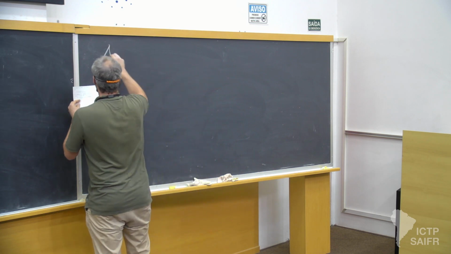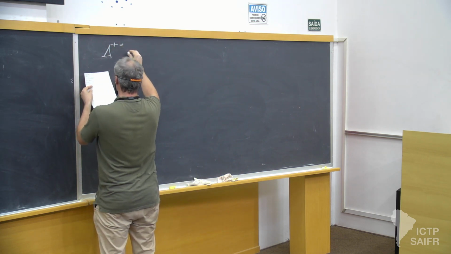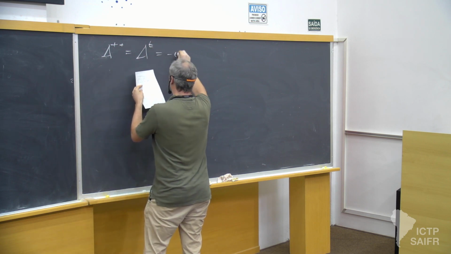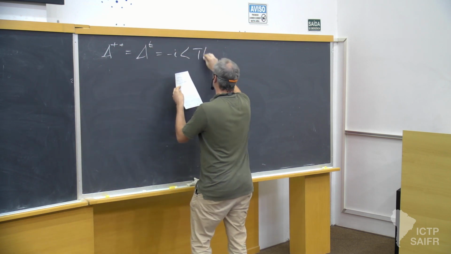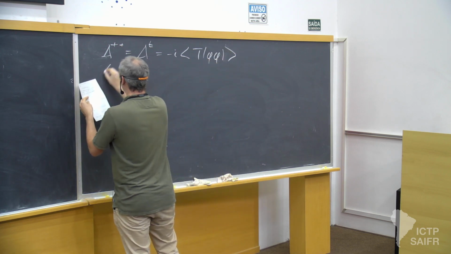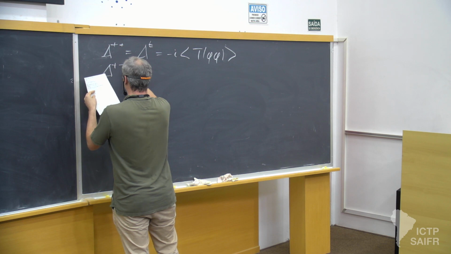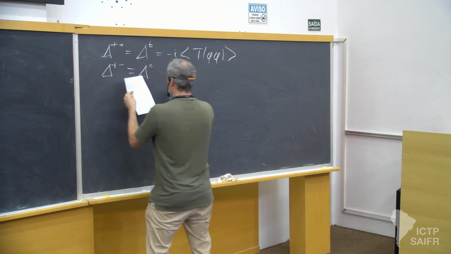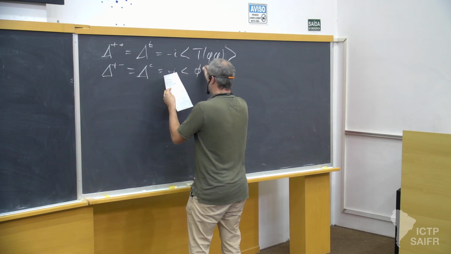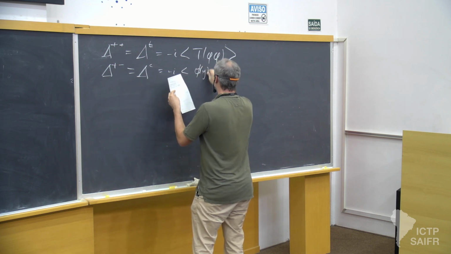So to be explicit, the plus plus one, which is our time-ordered one, will be minus i times the time-ordered product of phi phi. The plus minus one, which I call delta less, will be minus i times phi of y, phi of x.